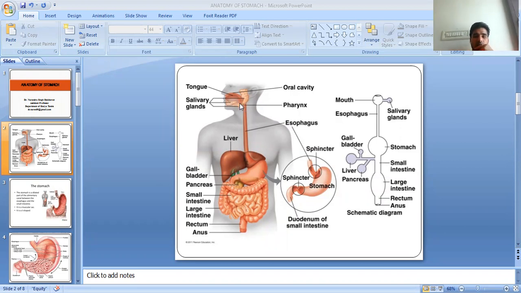This is the tongue, then pharynx, esophagus. Now, after the esophagus, this is the stomach. Mouth, then esophagus, stomach, small intestine, then large intestine, rectum, and anus. This is the whole GIT system.